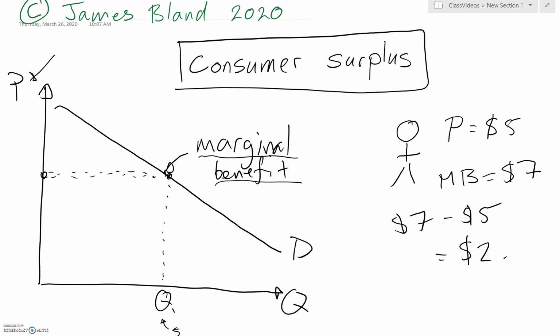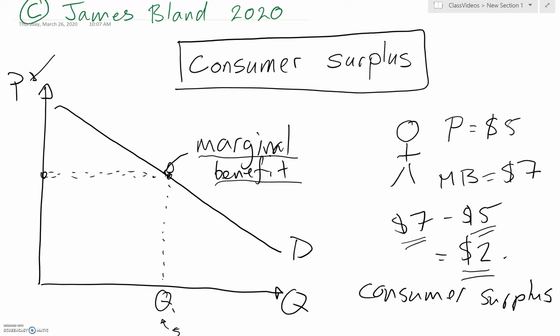They bought something which they valued at $7, but they only had to pay $5 for it. So they are $2 better off than had they not participated in the market and bought that item. Okay, so this is the consumer surplus for one trade, and we're going to work out how we can determine what benefit all consumers get out of participating in a market.